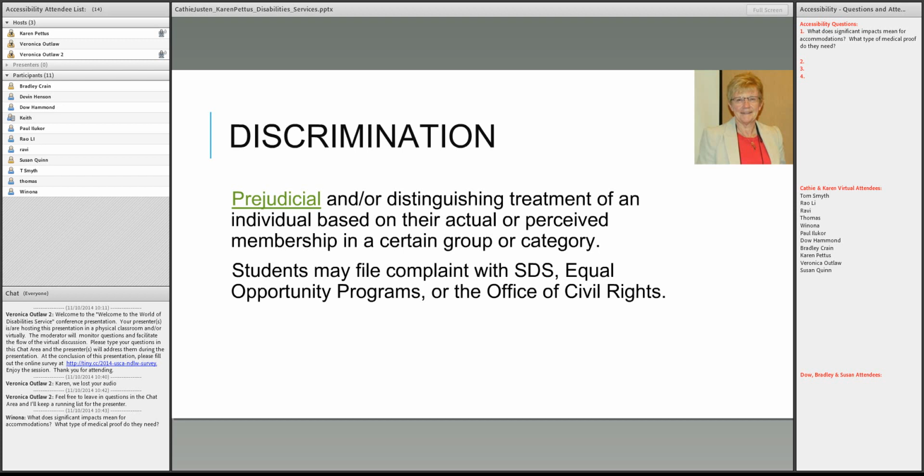You may have someone else whose diabetes is fairly well managed, but it's such that they may need to take insulin. And so helping them arrange their classes so that they have a break, they can check their blood sugar, eat at regular intervals, take their medications so that they know that they have kept things in balance. So those may be some appropriate accommodations for that person with diabetes.